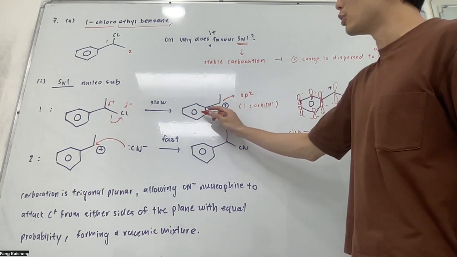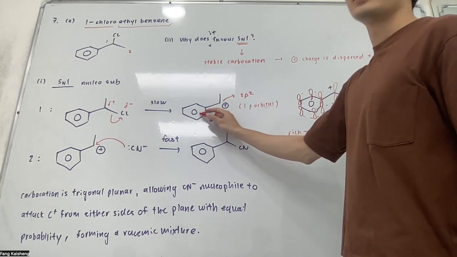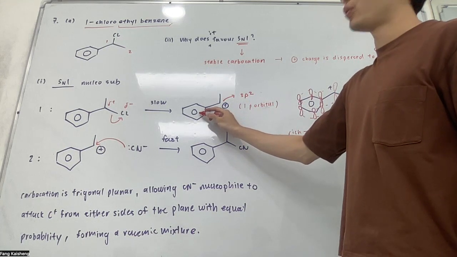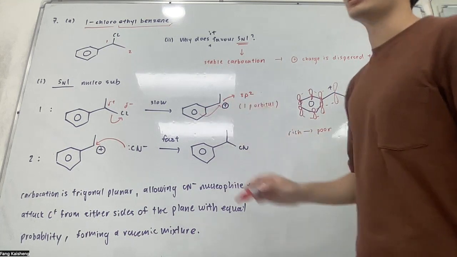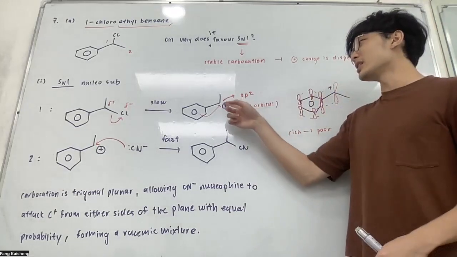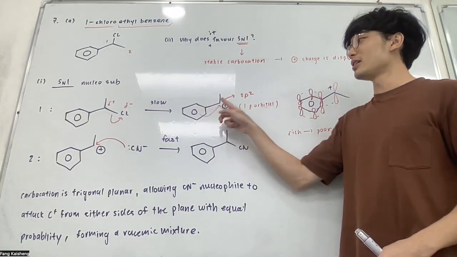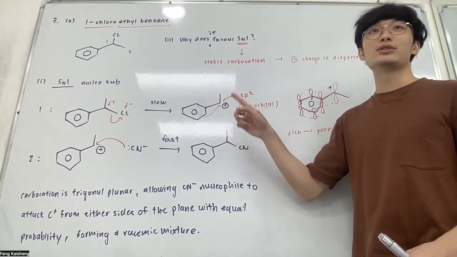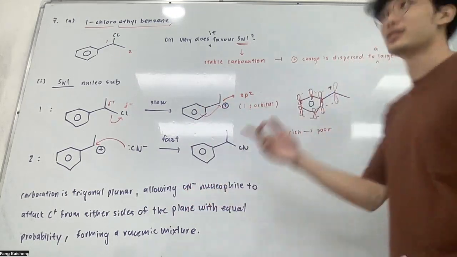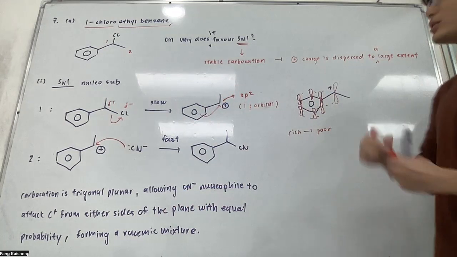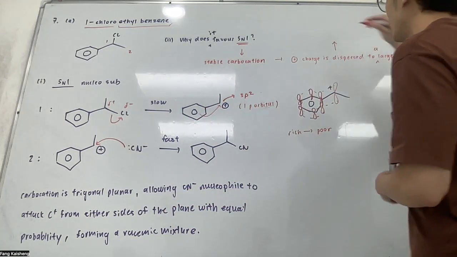The pi electrons will delocalize from the benzene ring to the carbon with the plus charge. Basically, you can think of it this way: there's this very poor guy, and then he's supplementing electrons to the poor guy. So now the poor guy isn't as poor, right? That's why the plus charge is dispersed. So that's the answer to this question.